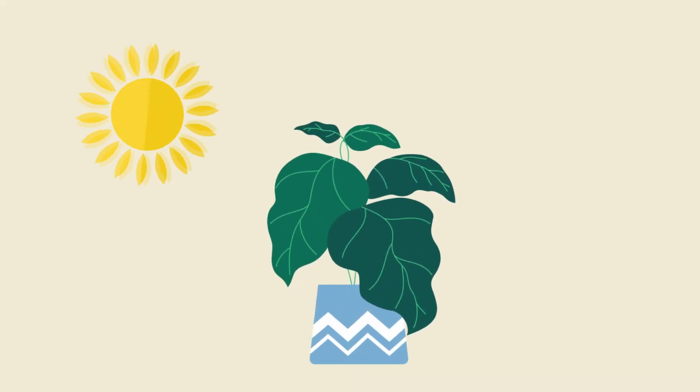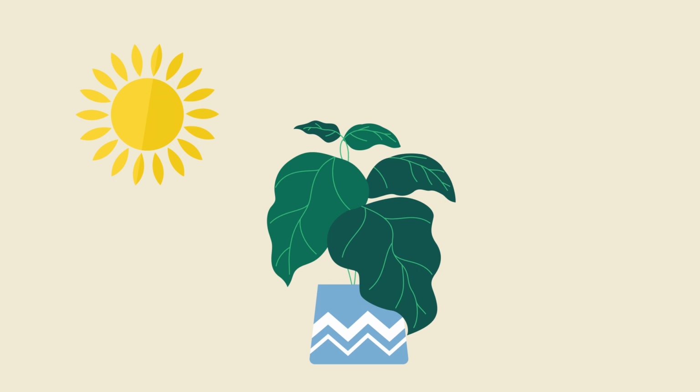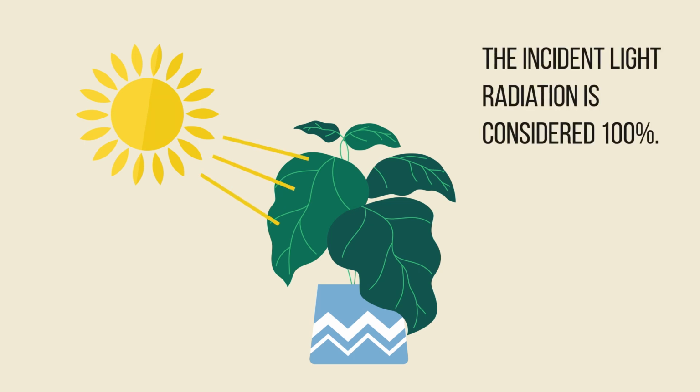Let's see the efficiency of light interaction in a leaf. The incident light radiation is considered 100%. The majority of this energy, which is about 80%, is absorbed by the tissue.